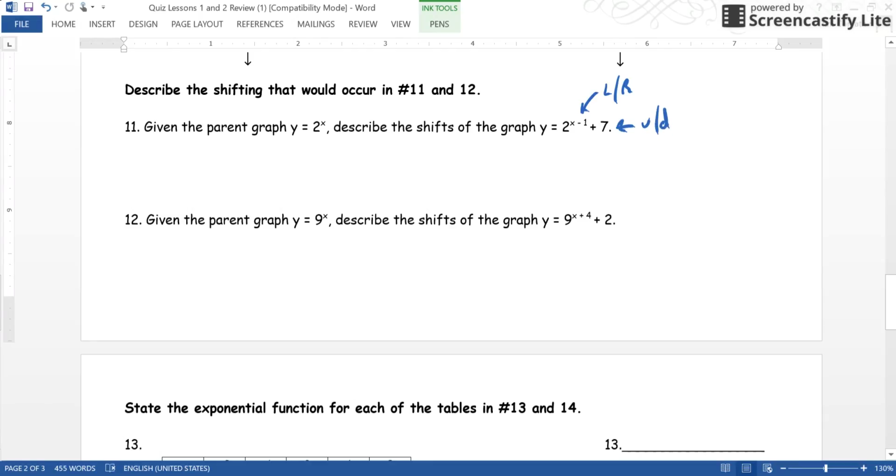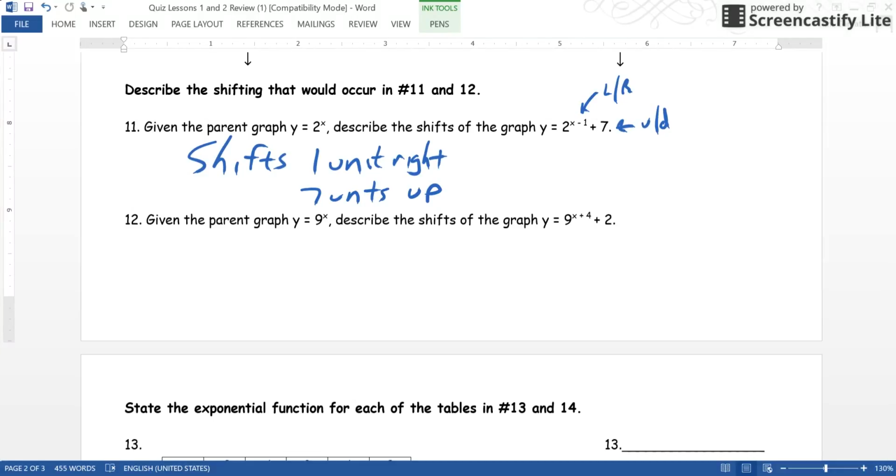So I would say this shifts 1 unit right and 7 units up. Remember, opposite on the inside, so -1 means 1 unit to the right, and +7 on the outside, or not in the exponent, is an up shift.